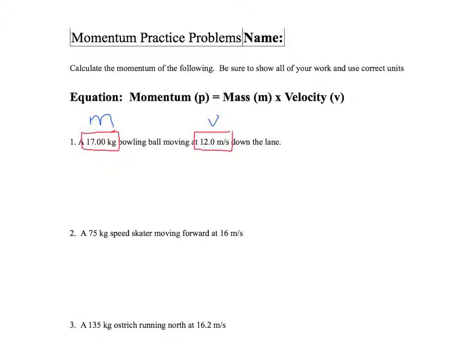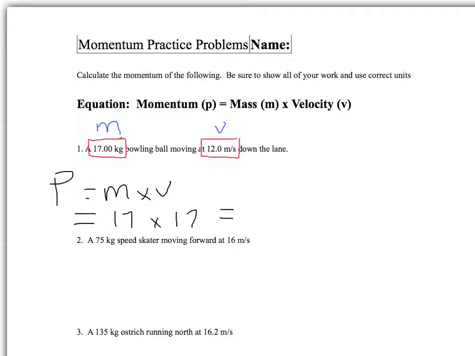Now I'm ready to solve for momentum. So the equation is P equals M times V. So that's equal to 17 times 12, which when you put that in your calculator equals 204.